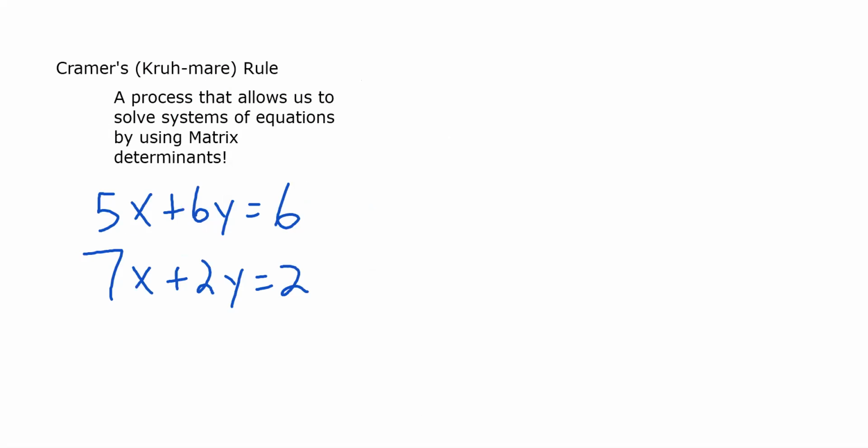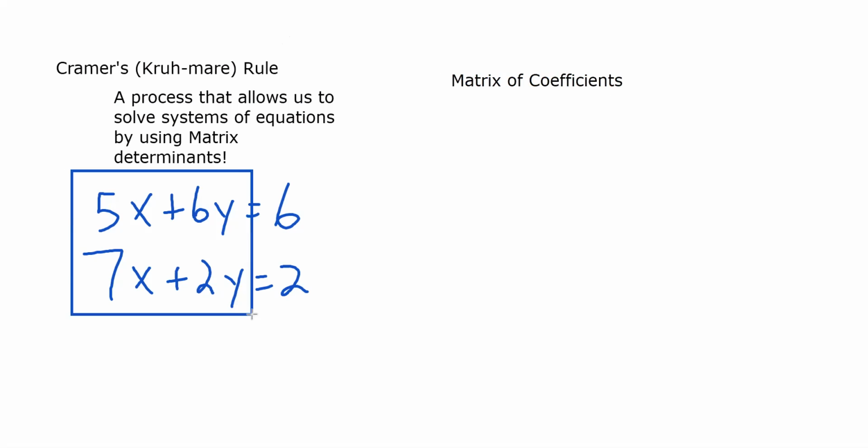Now, what you're going to do here, it's kind of a weird process, but you're going to define a couple of determinants or matrices. You're going to call it the matrix of coefficients. For the matrix of coefficients, you're just looking at the coefficients on the variables.